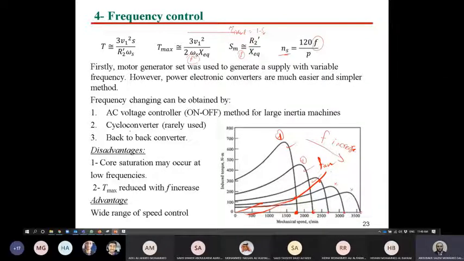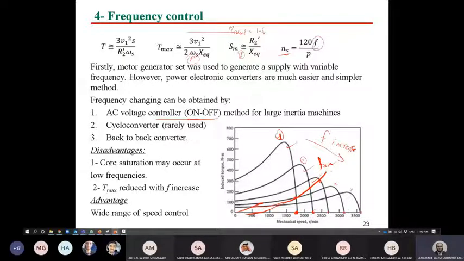Like AC voltage controller, which is AC chopper, but it's controlled by another technique called on-off control technique. What we have described before for AC chopper was called phase control. However, here we can control the frequency by using AC chopper, also by using something called on-off method.